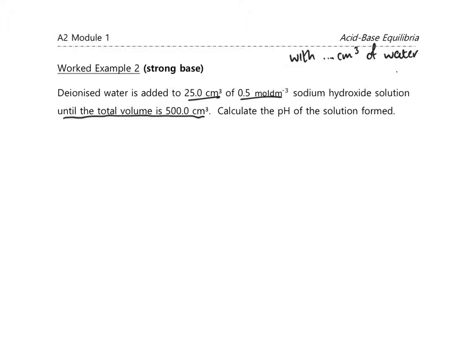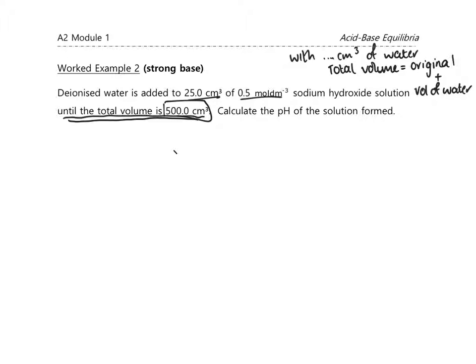And so for that we had to take the total volume was the original volume of the acid plus the volume of water that was added. But in this case it's different because they tell us it's diluted until the total volume was 500 centimetres cubed. So we don't have to calculate the new volume, it already tells us the volume.